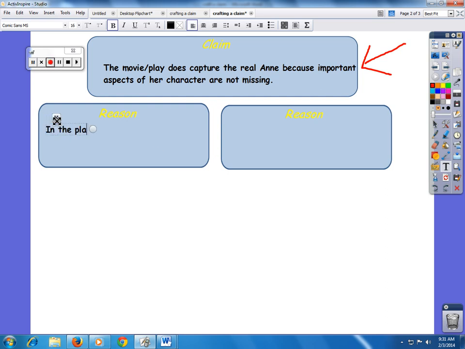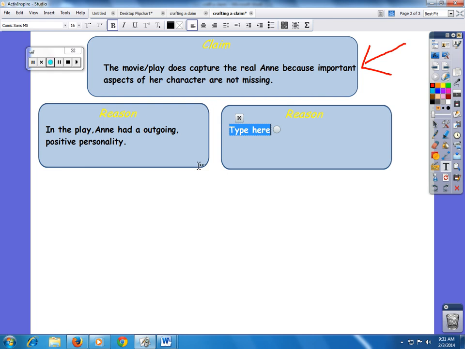I'll say, in the play, Anne had a bubbly or outgoing, positive personality. And I can bring forth evidence to prove that. Now for the other reason, I'm going to focus on the diary.